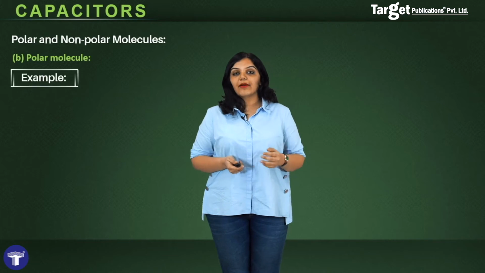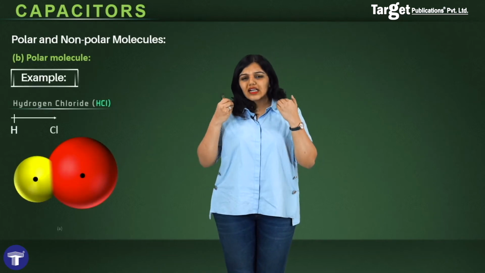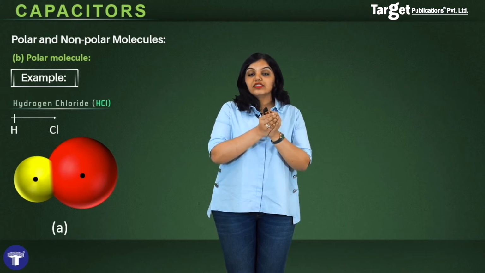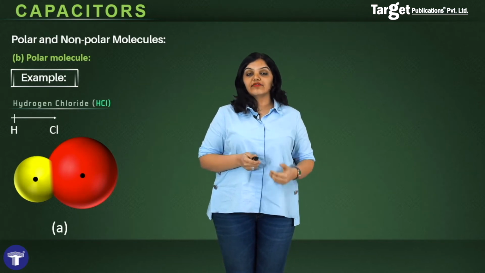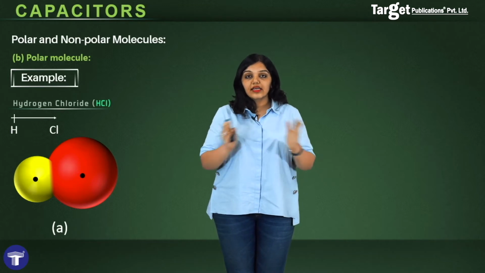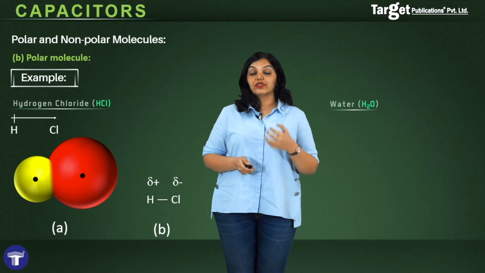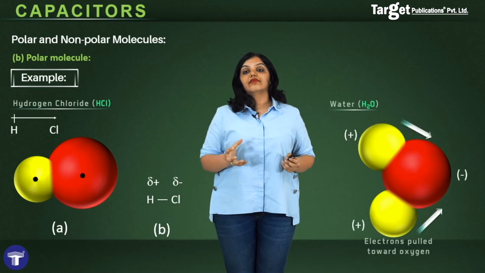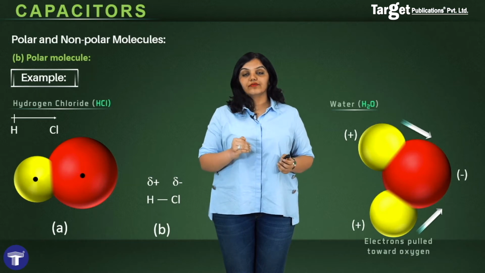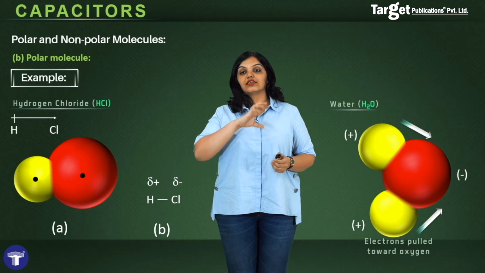So let's take an example of a polar molecule. Here I have the hydrogen chloride molecule. Here, as you can clearly see, the positive end of the molecule is on the yellow side and the negative end of the molecule is on the red side. So they are clearly separated. Similarly, we can see this in the water molecule, which is also a polar molecule. You can clearly see that the positive end, that is the yellow spheres, are to one side, and the negative end, that is the red spheres, are to the other side.